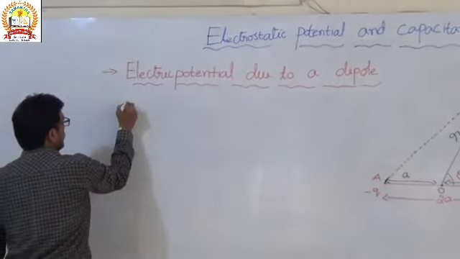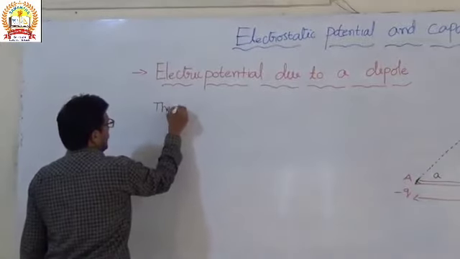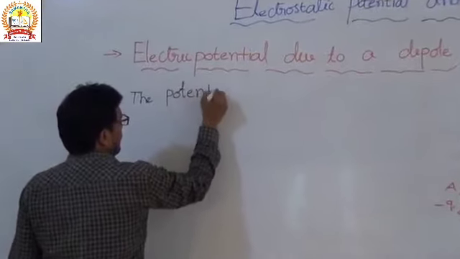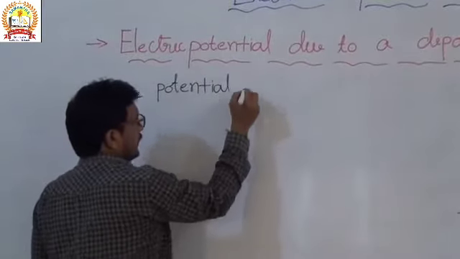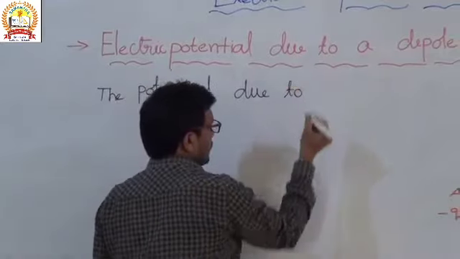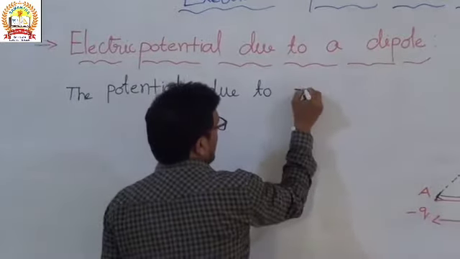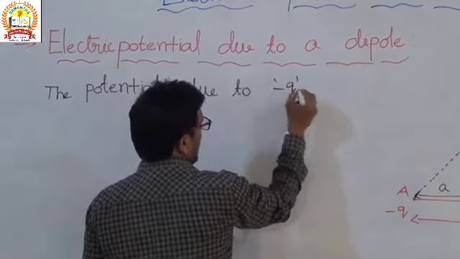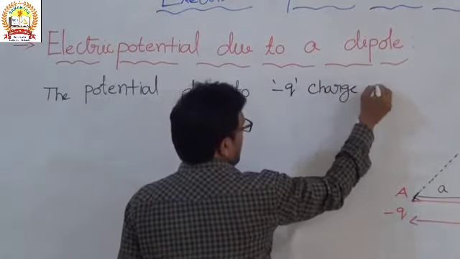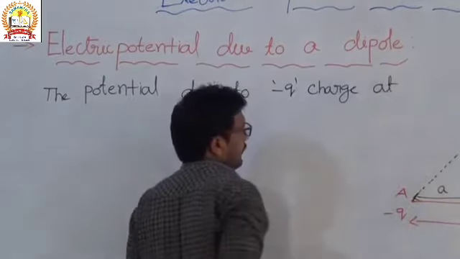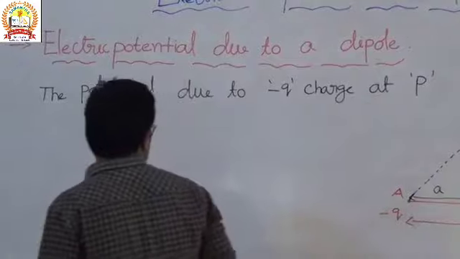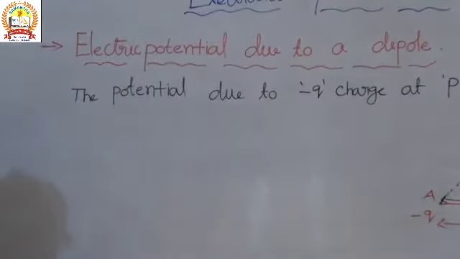So the potential due to the negative charge at point P. What is the potential due to the negative charge at point P?